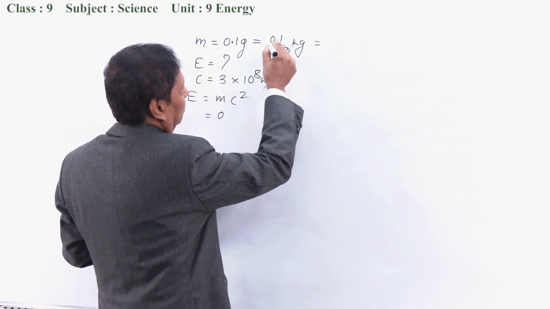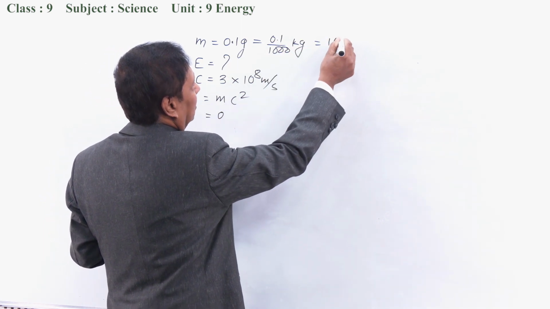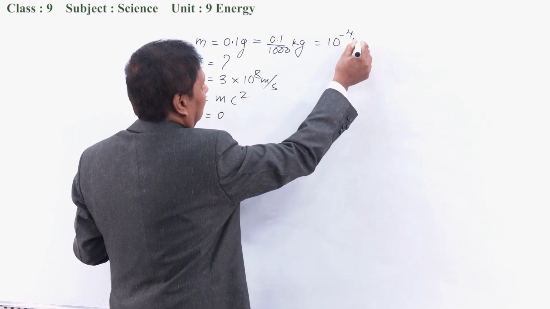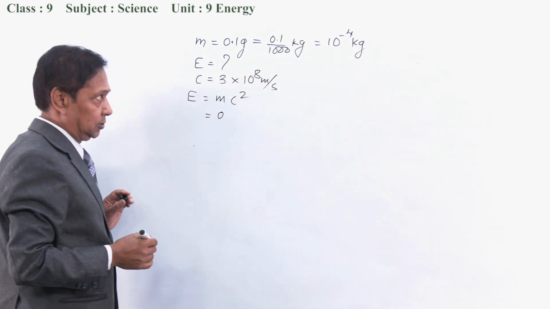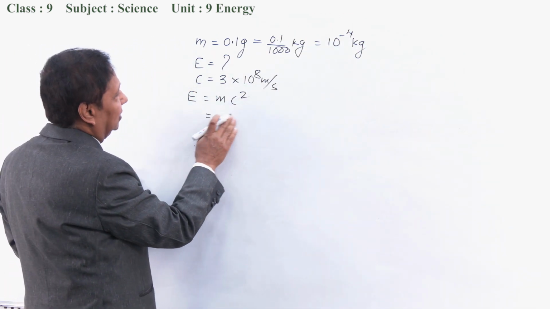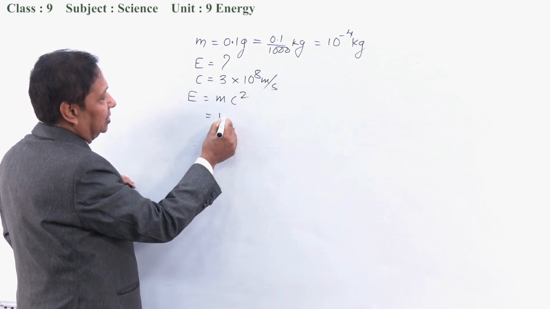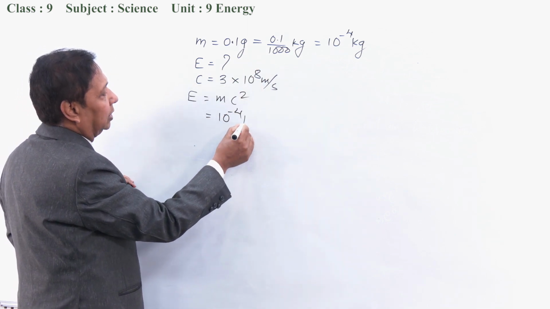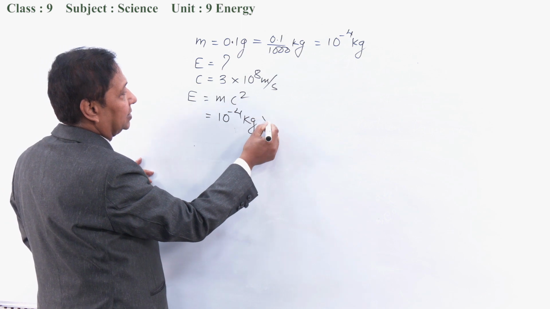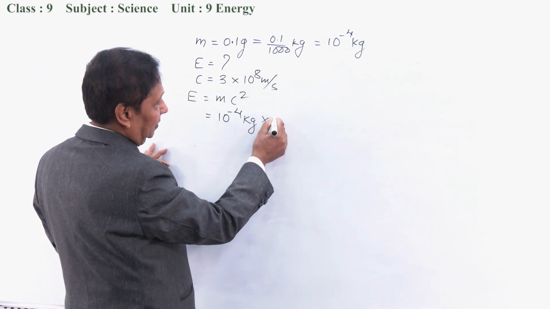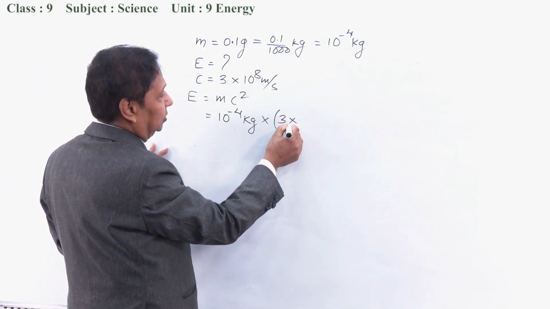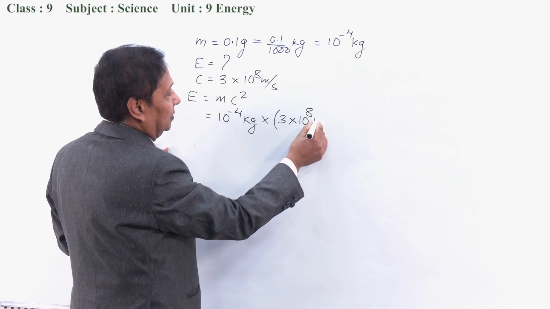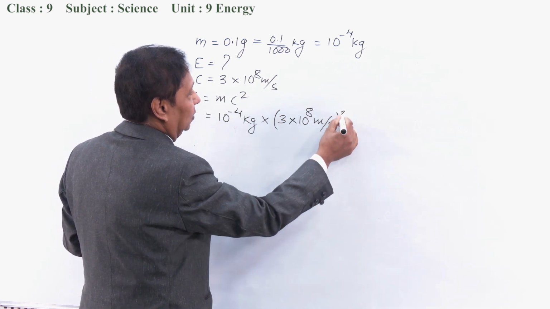This is equal to 10 to the power minus 4 kilogram. You can use a calculator also. Now, in place of mass I am writing 10 to the power minus 4 kilogram. In place of c I am writing the value of c, 3 into 10 to the power 8 meter per second, and whole square.